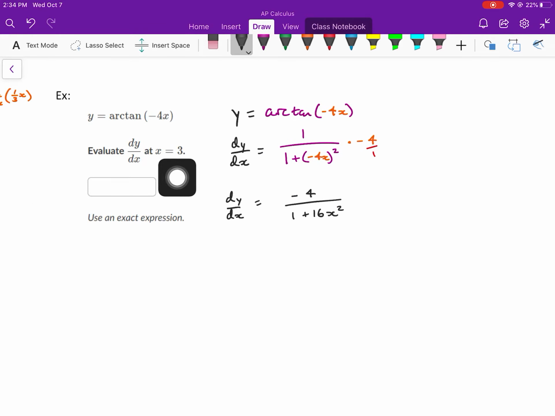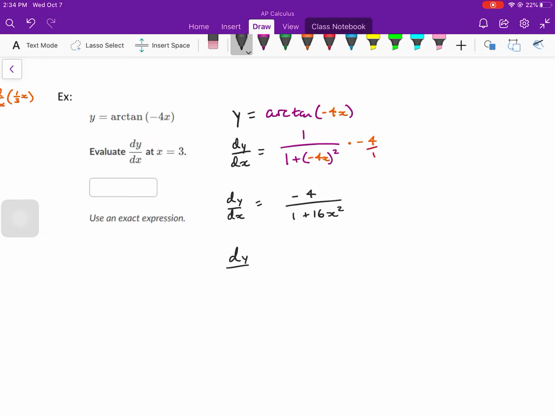To evaluate this at x equals 3, the derivative at x equals 3 is going to be negative 4 over 1 plus 16 times 3 squared, which is negative 4 over 16 times 9, which is 144, plus 1 is 145.